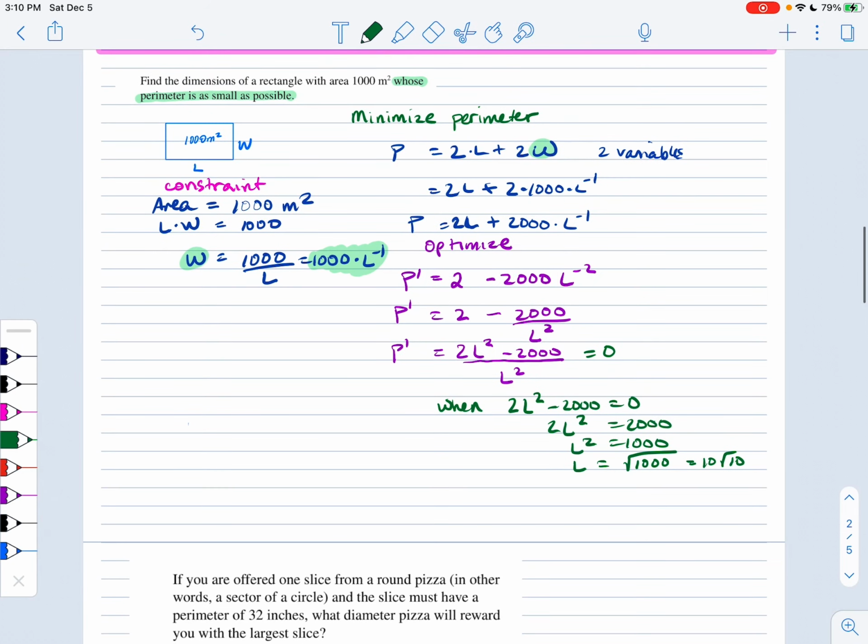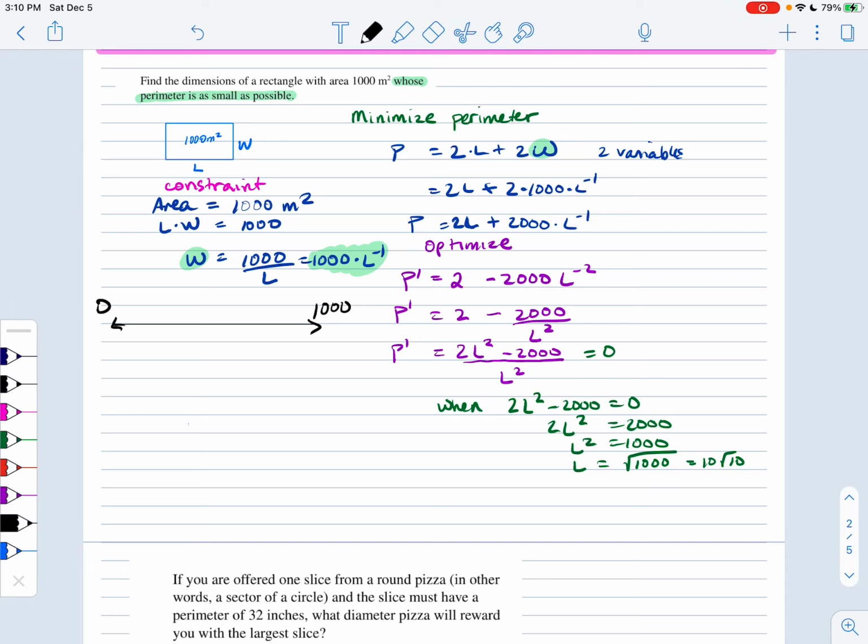I go back and I can verify with my checking of my derivative if I want to, or my range of values here. And what are my possible range of values? I can't be more than 1,000, right? So I can't have length times width be more than 1,000 if it's 1,000 meters squared, I don't think.